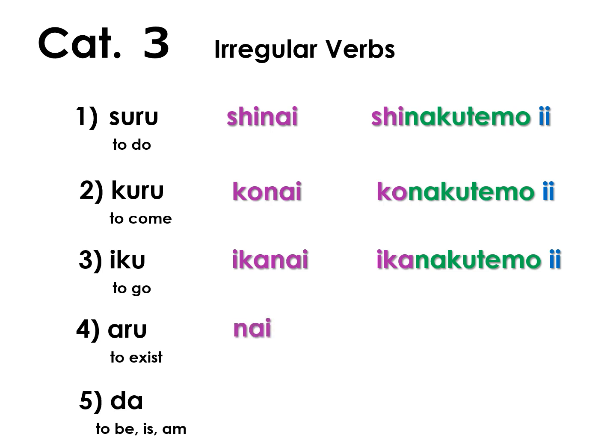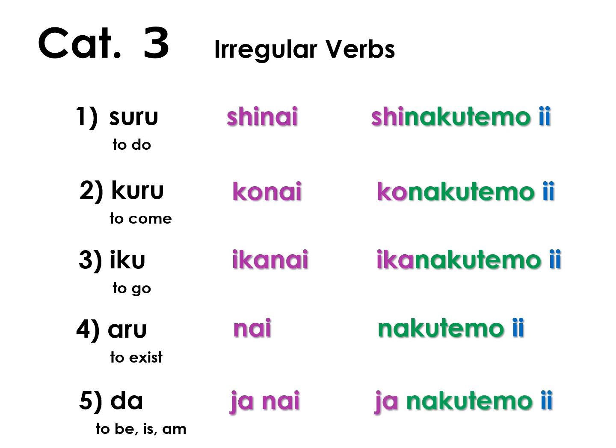The negative of aru is nai, and that transforms to nakutemo ii, which means it doesn't have to exist. And the negative of da is janai or dewanai, and that transforms to janakutemo ii or dewanakutemo ii, which means it's okay if it's not.